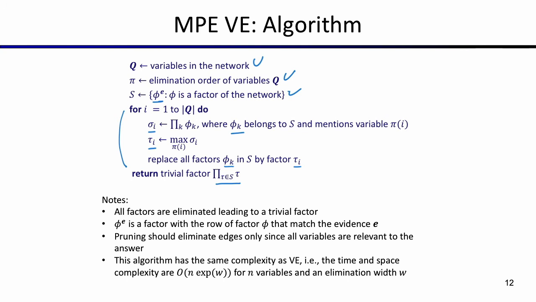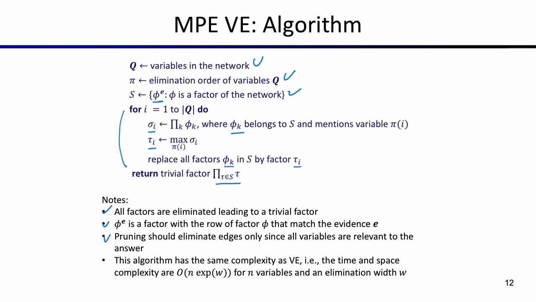And remember that the query variables are all variables in the network, but the ones that are associated with evidence. So this phi e here is the factor phi that we have in the network with the rows that do not match the evidence removed.